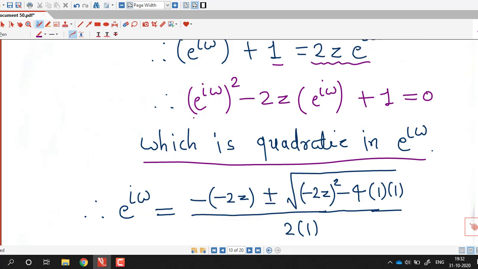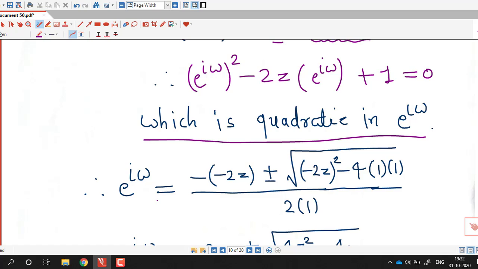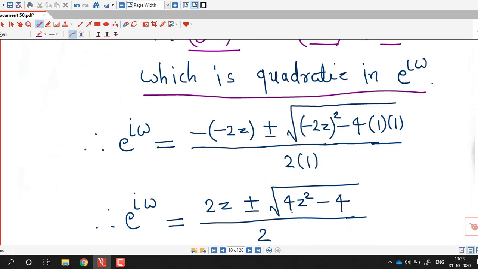The solution of this quadratic equation is given by e raised to iw equal to minus the coefficient of e raised to iw, which is minus 2z, plus or minus the square root of the square of that coefficient, minus 2z square, minus 4 times the coefficient of e raised to iw square, which is 1, and the constant term, which is 1, over 2 times the coefficient of e raised to iw square, which is 1.